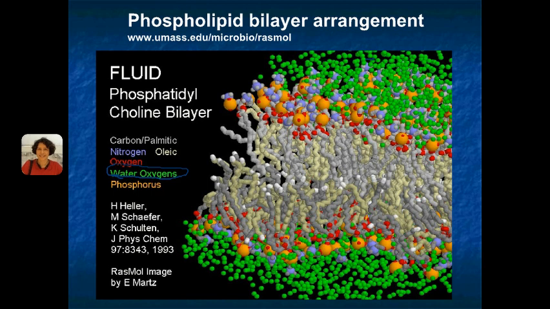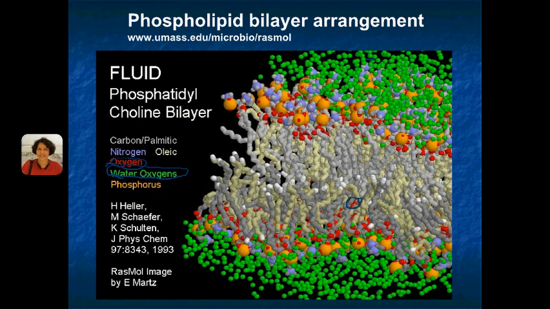Then the free oxygen molecules are in red. So you can see oxygen that is on the outside of the bilayer, but you can also see that it is penetrating the bilayer. Some of these red spheres are on the inside of the bilayer.